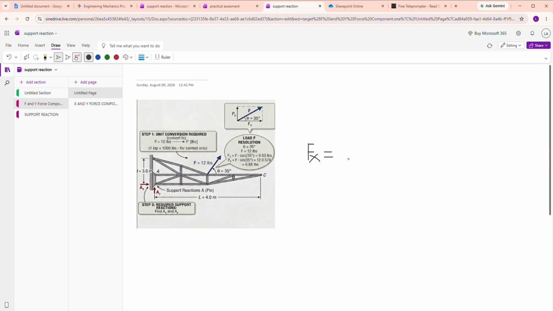Fx equals F times cos 35 degrees. So we can substitute the value of F. Our F is 53.38 Newton, multiplied by the cosine of 35 degrees.